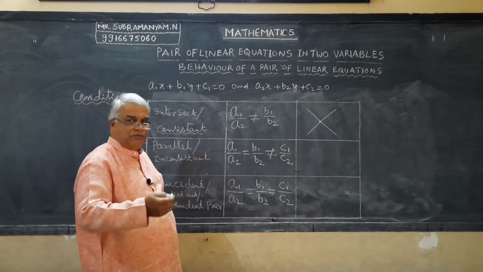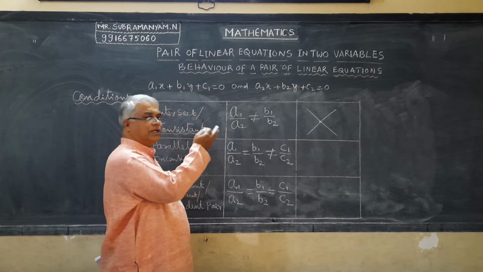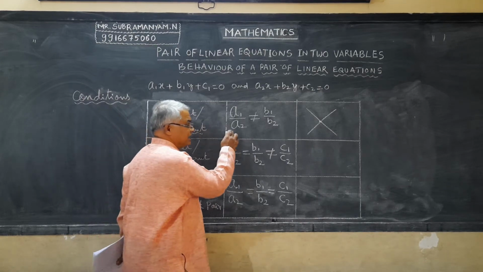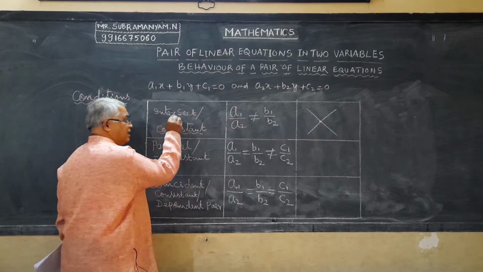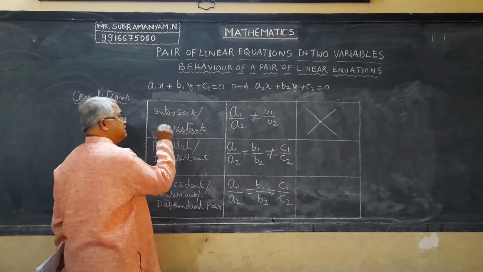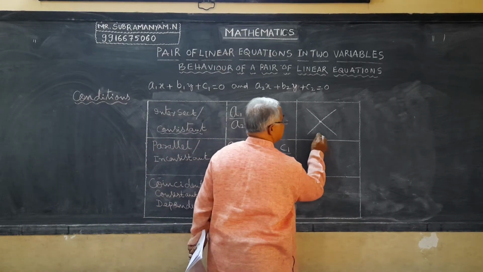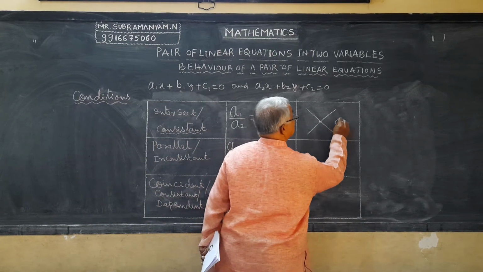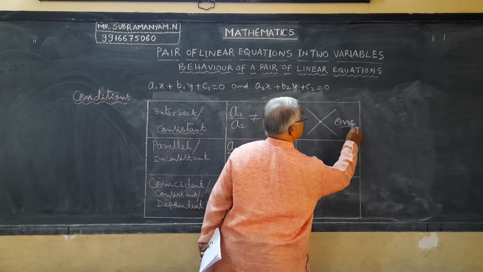Several examples we took in the last video, where we have seen a1 by a2 not equal to b1 by b2. If you get this condition, that means lines will be like this. Then we have to say they intersect each other. That means they are consistent. How many solutions? Here I will write one solution. Only one solution.